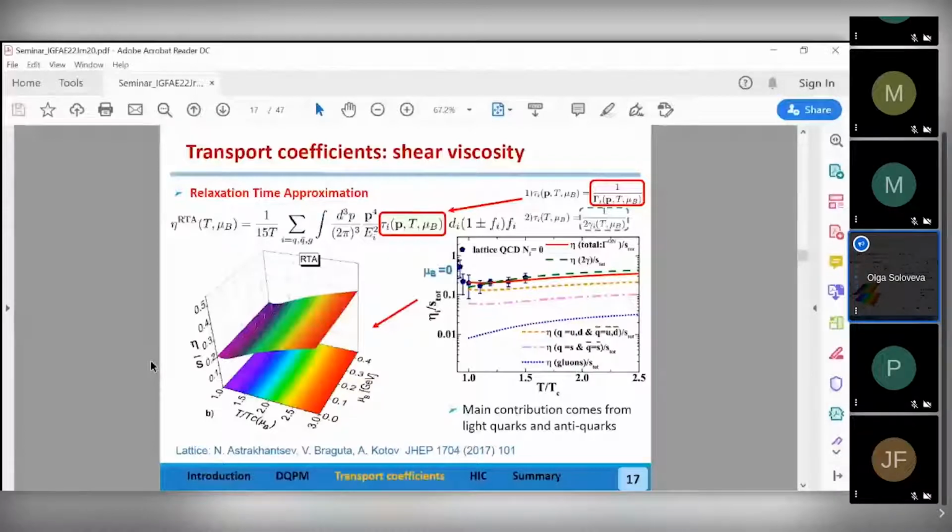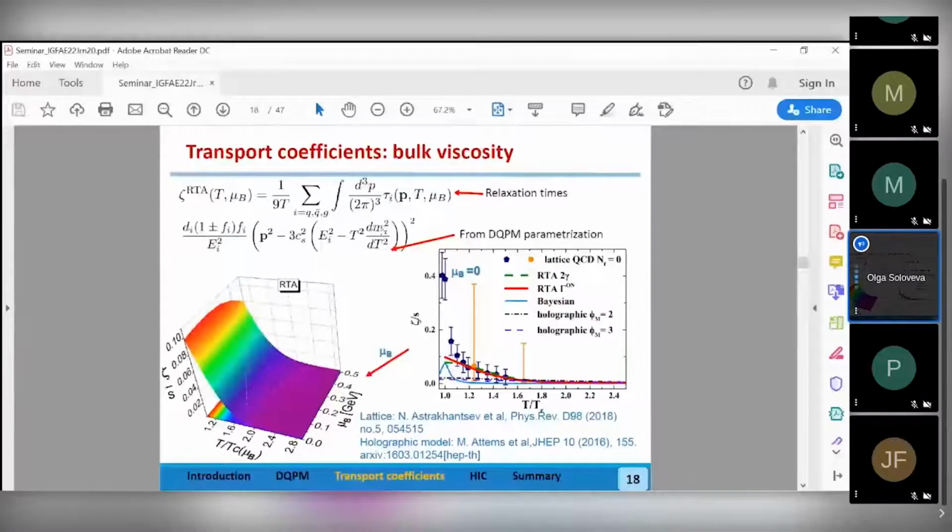So another interesting transport coefficient is bulk viscosity, which we have calculated using the same technique. Here is the relaxation time, and here is the speed of sound. This is the energy, and here is the second derivative of our effective masses, which we obtained using our model.